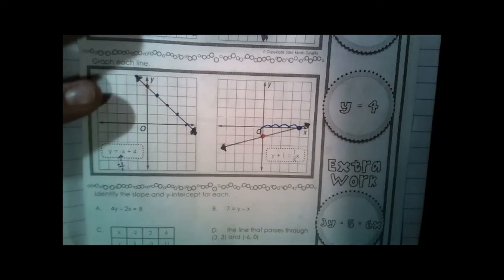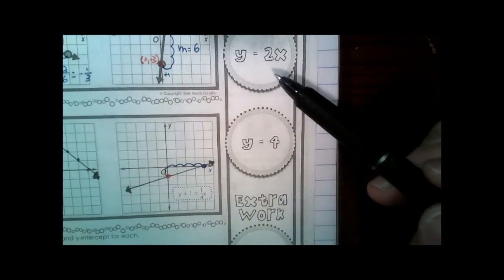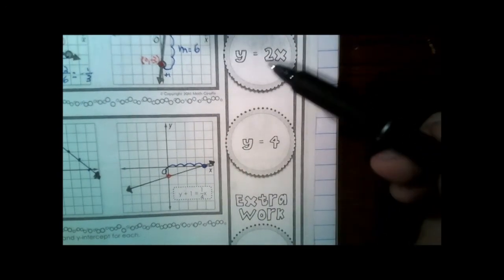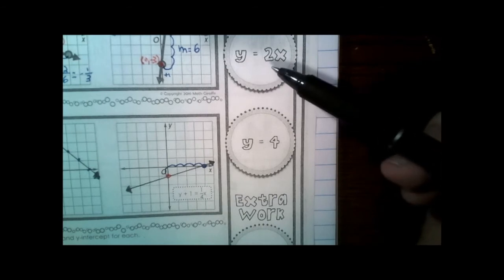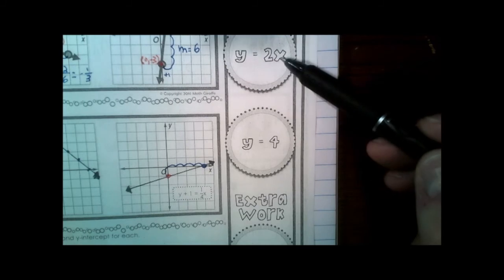Now we've got some special cases for slope-intercept form that I want to go over. The first one is the equation y equals 2x. Now this is technically in slope-intercept form. There's no b. This really looks like y equals mx plus nothing, right?